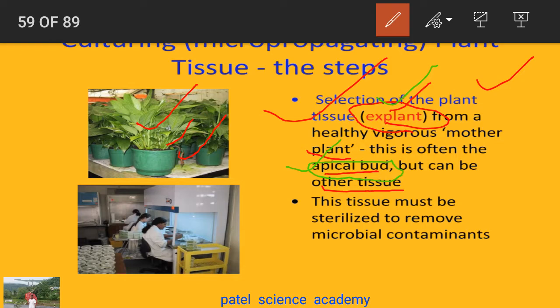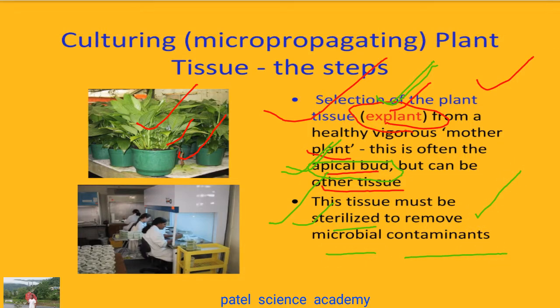So this tissue must be sterilized to remove the microbial contaminants. So this is the first step, and it includes the selection of the explant. And if you have selected the apical bud as an explant, you just have to sterilize it so that the microbial contamination is removed before we use that explant.